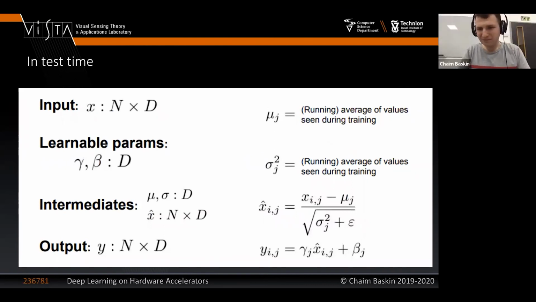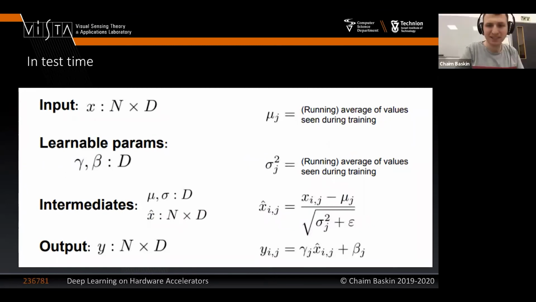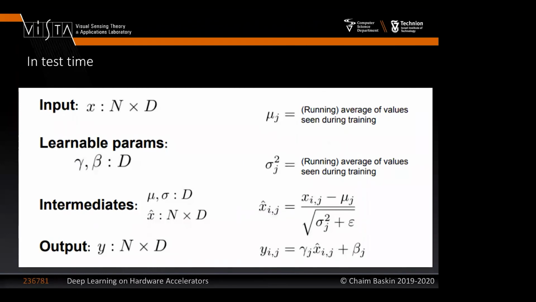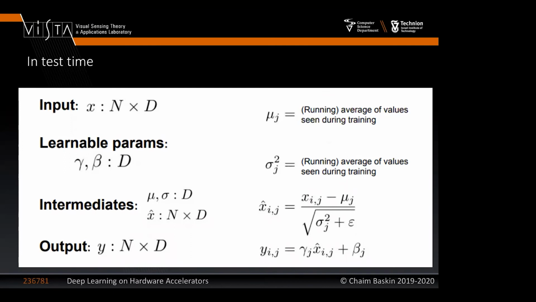No, that's actually bad. We learn beta and gamma, and they depend on the statistics of mu and sigma. During that time, do we also use the running average and running variance? Yes, of course. Okay, yes. Thank you.